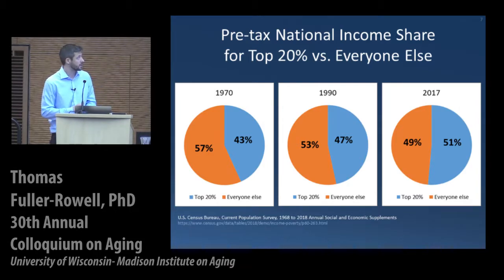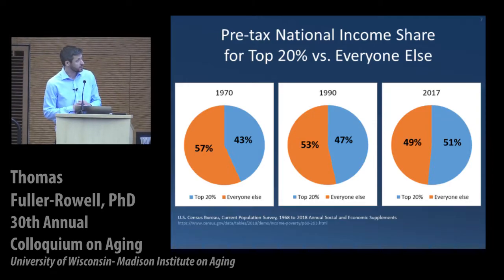It turns out that in 1970, about 43% of overall income was made by the top 20%, and the remaining 57% was made by everybody else, the bottom 80%. In 1990, that proportion earned by the top 20% had increased to 47%.